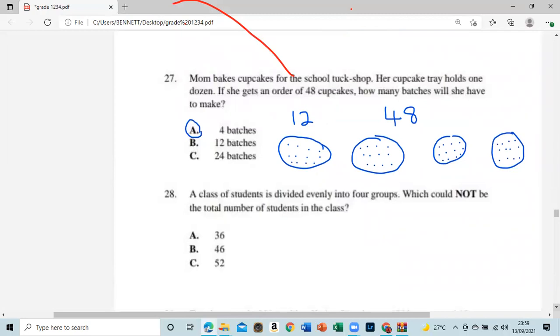A class of students is divided evenly into 4 groups. Which could not be the total number of students in the class? It would be a number that is not divisible by 4. So 36 divided by 4 gives 9.